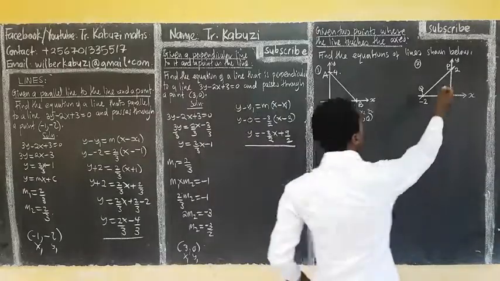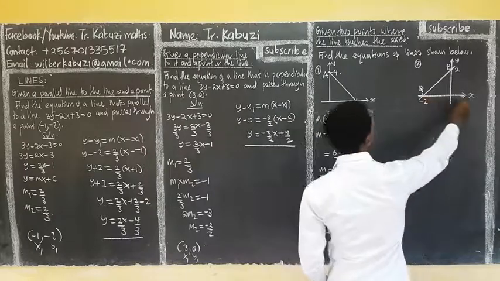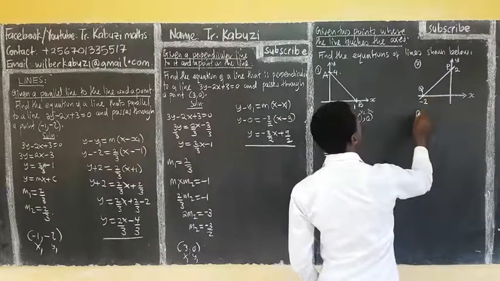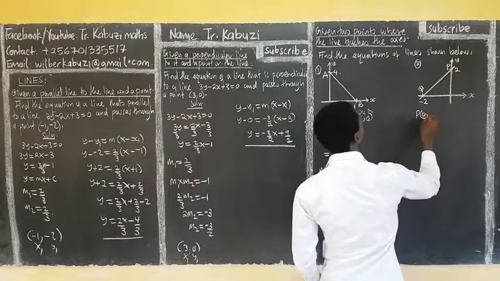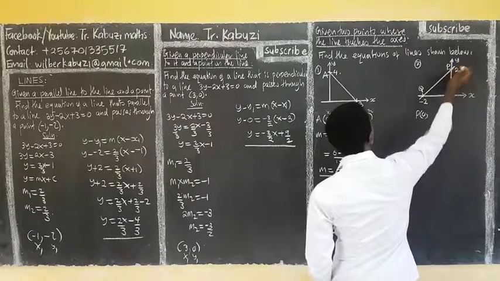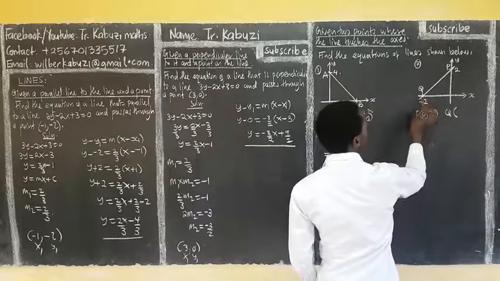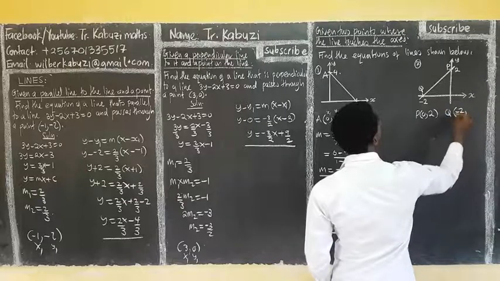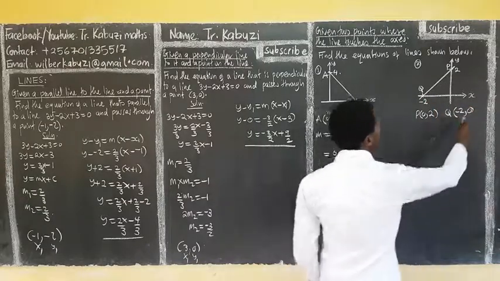What about this one? We have now this one. This is on the x-axis, so our point P, x is 0, y is 2. Then our Q, x is negative 2, we don't have any y at this point, so it's 0. As simple as that.